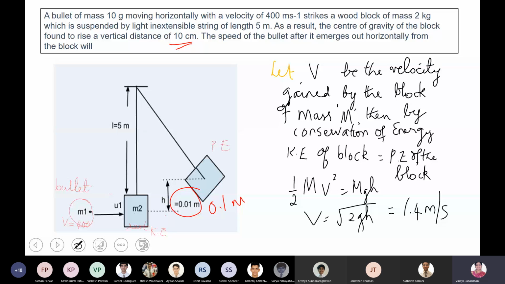The block takes the velocity of the bullet and then it has its own kinetic energy. That kinetic energy will be transferred as potential energy. If there is no loss of energy, then the kinetic energy of the block will be the potential energy of the block. Is that clear? Copy down. So the kinetic energy of the block is half.